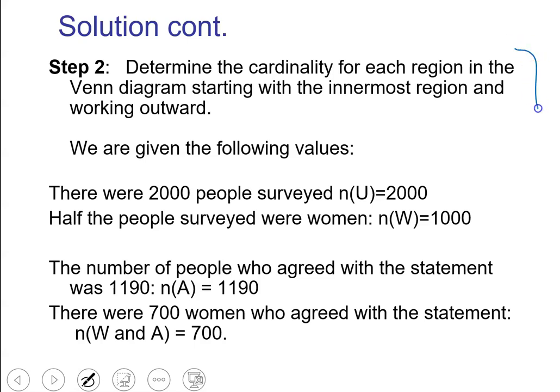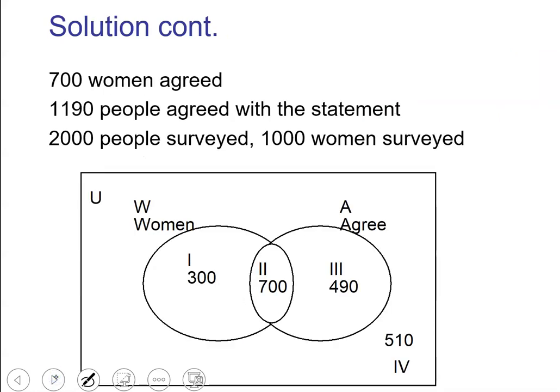Like they're saying up here, determine each region in the Venn diagram, starting with the innermost region and working out. The innermost region would be region 2, which is women that agree. So we filled in 700 women agreed.